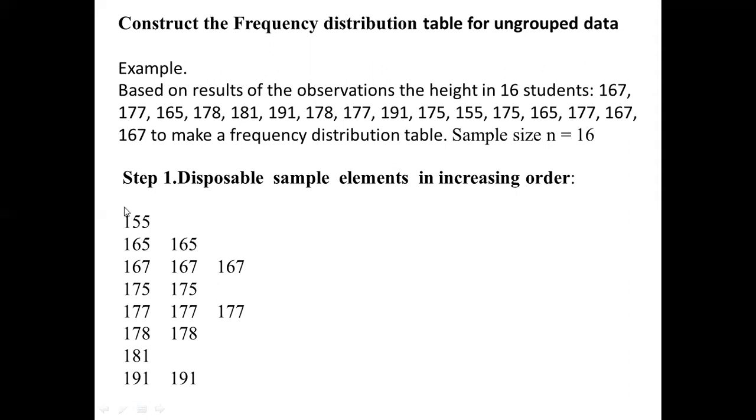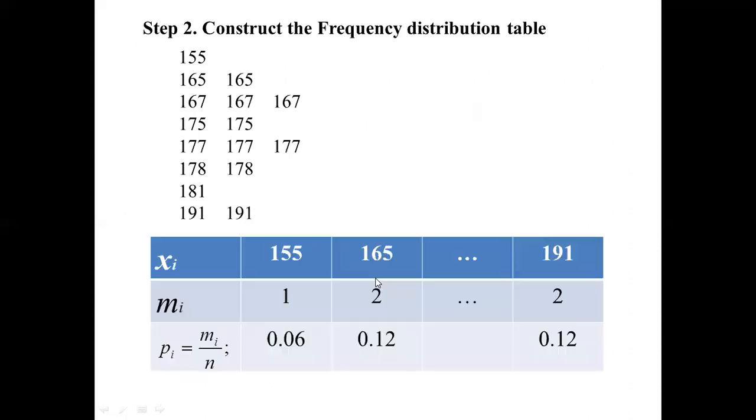First we find the smallest data, it's 155, and then we continue. Step number 2, construct the frequency distribution table.